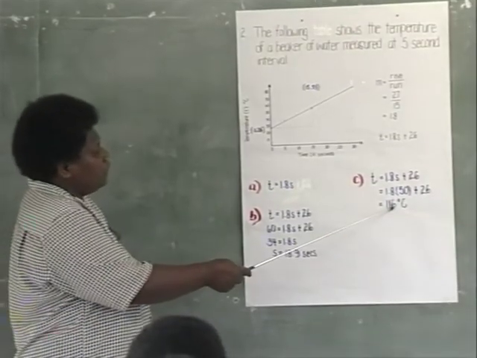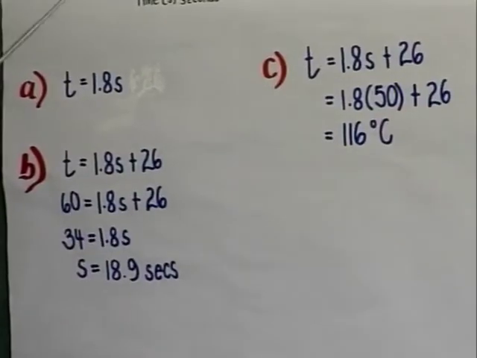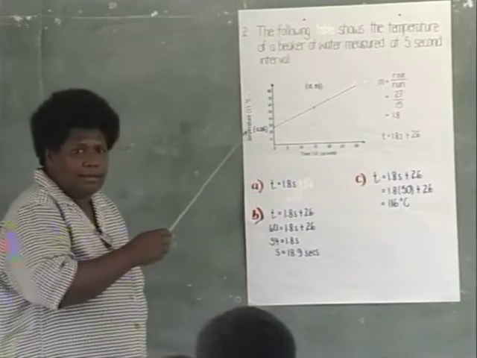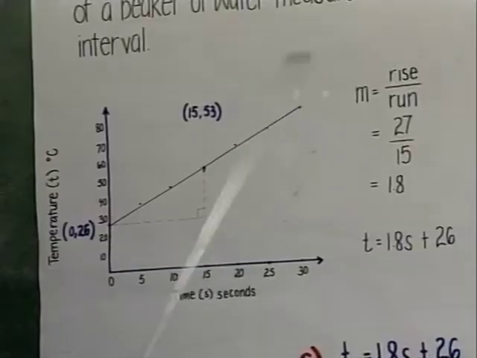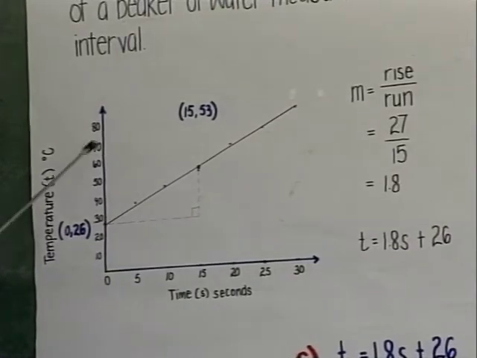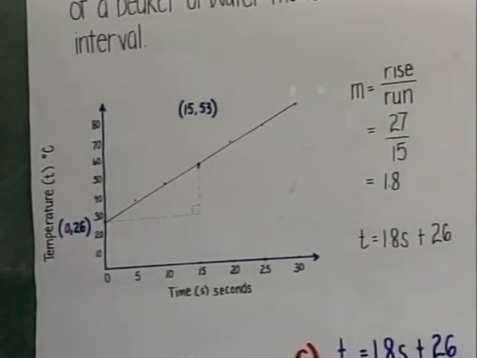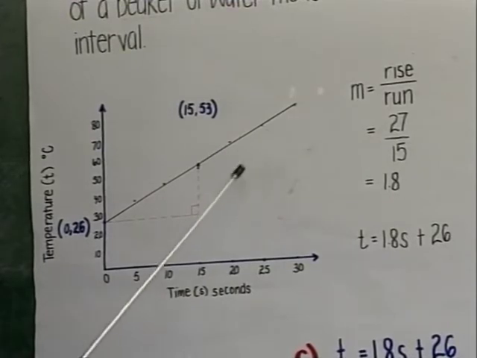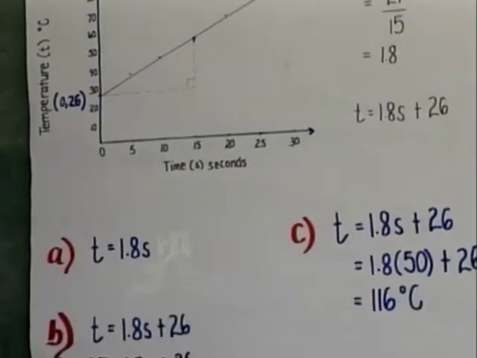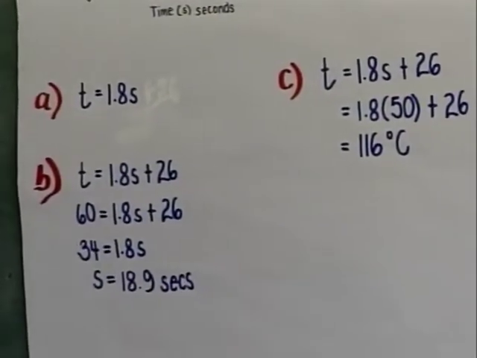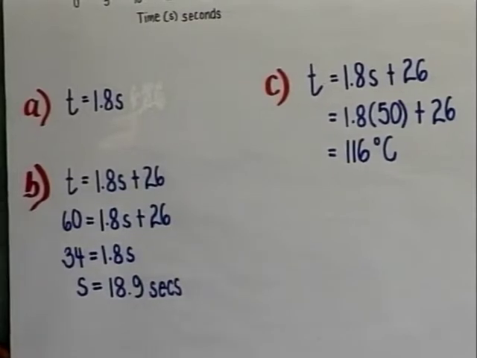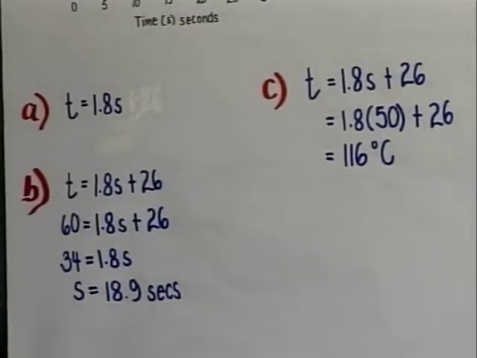Even for 116 degrees Celsius, if you extended the graph up, because they've drawn it only up to 80 degrees, you will find that it will agree with the answer if you use the graph. So you can also use the graph and not necessarily use the equation if you are not asked to do so. Okay, well done, group 2.